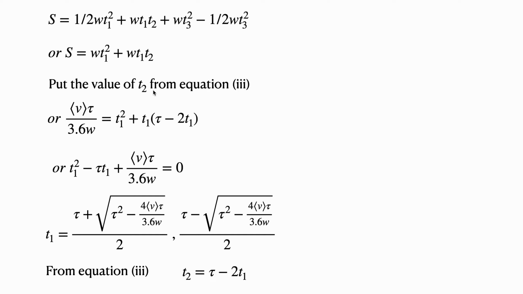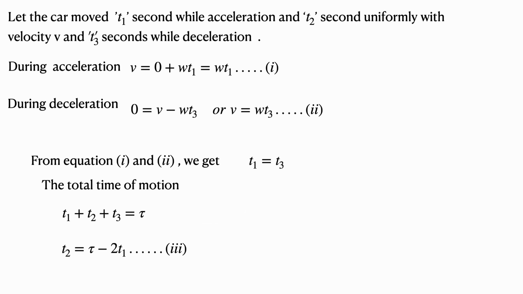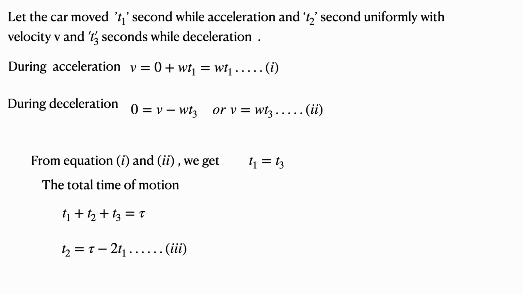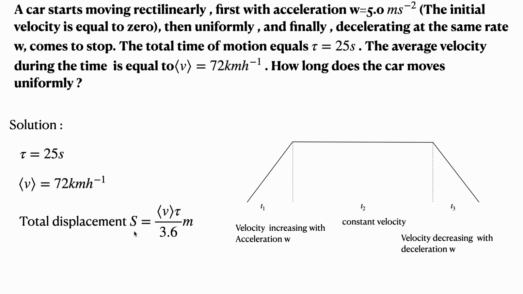The value of t2 as given in equation 3, t2 equals tau minus 2 t1, can be put into this equation, and we get the right hand side as t1 square plus t1 multiplied by tau minus 2 t1. The left hand side is the displacement, which can be put from the value of displacement obtained here.